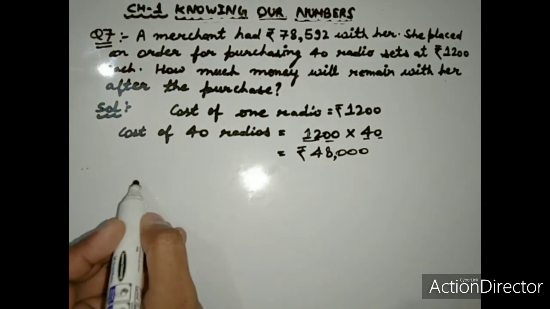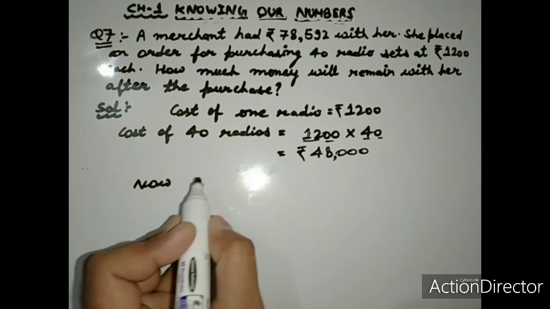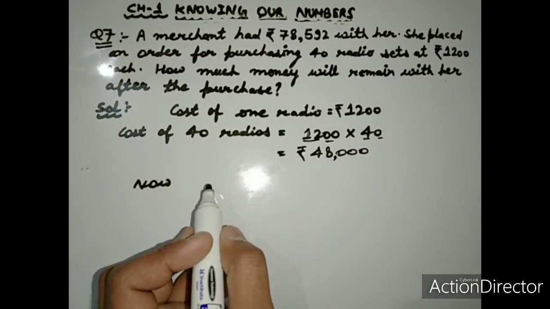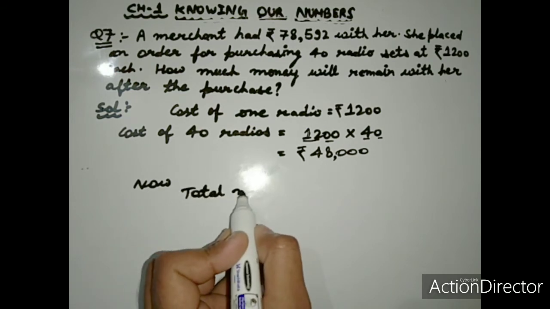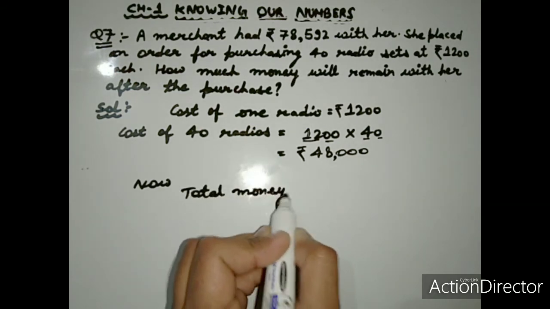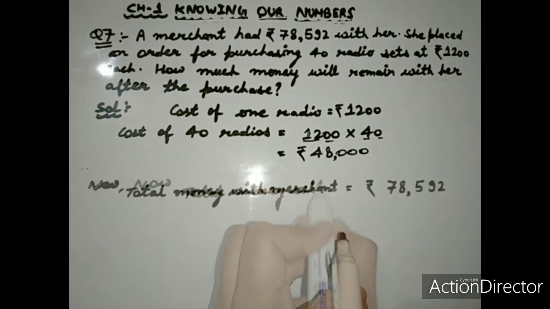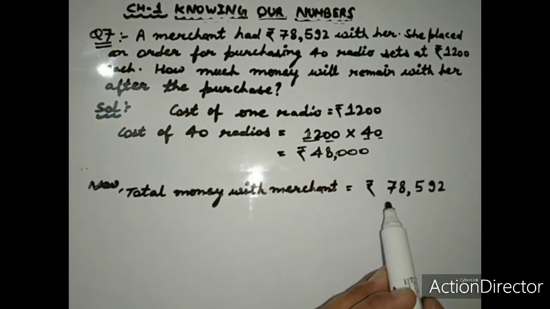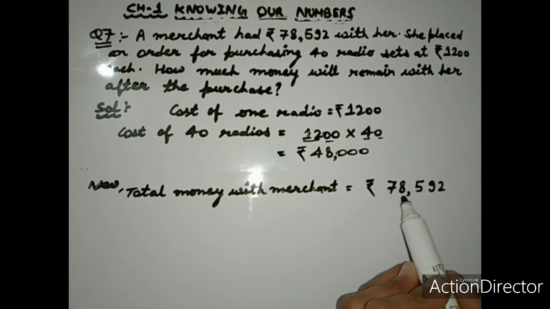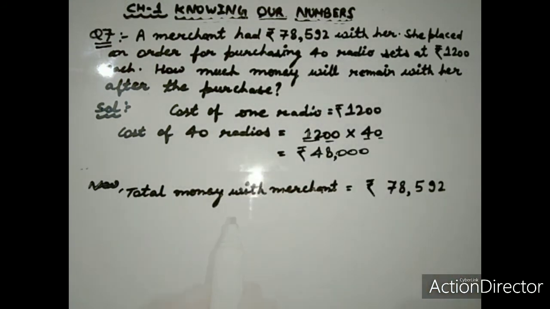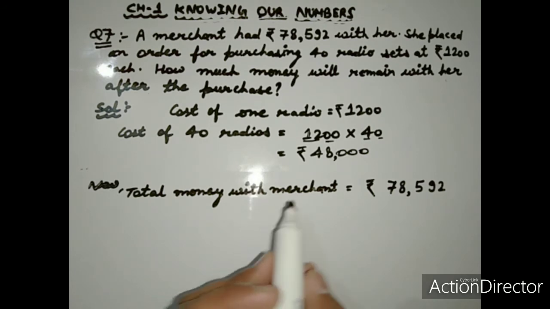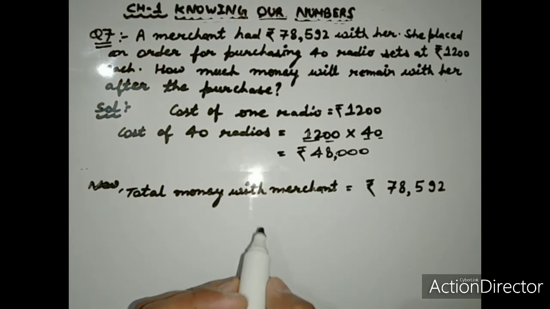Now the total money with the merchant is equal to rupees 78,592. She spent total money equal to 48,000 rupees.